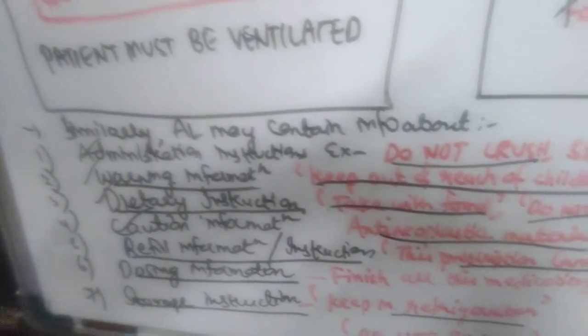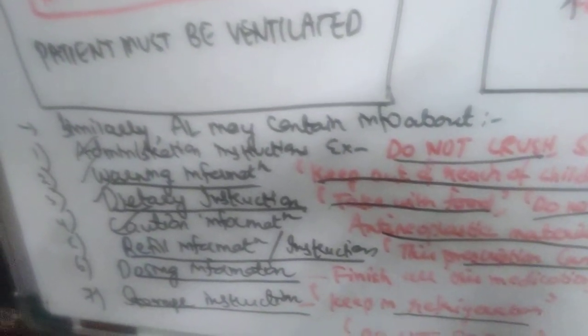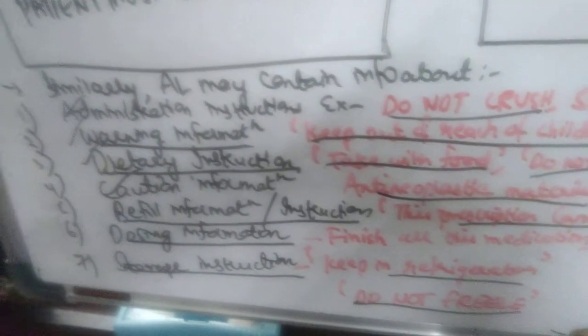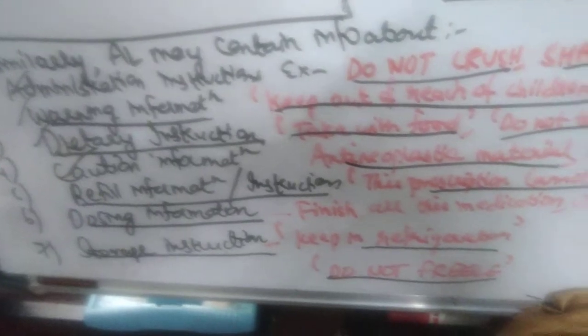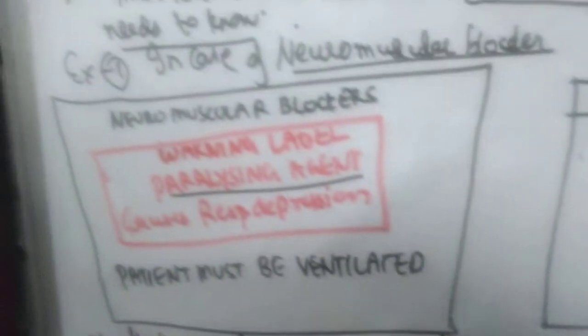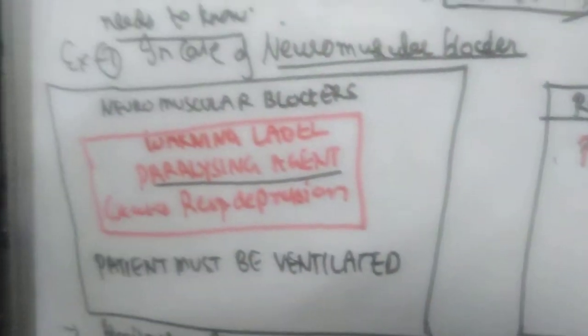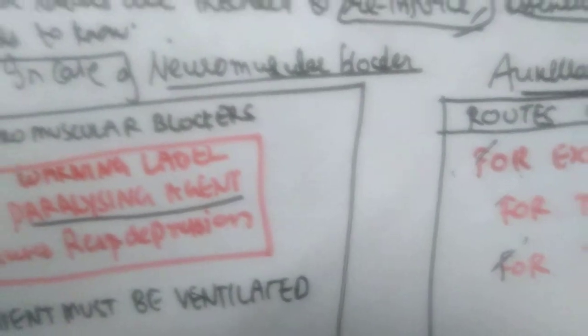What we have discussed, they may contain information about administration instructions, warning information, dietary instruction, cautionary information, refill information, dosing information, storage instruction. We have seen examples also of how they are guiding the patient in case of any danger. It may cause respiratory depression, so immediately the patient should be put on ventilator.